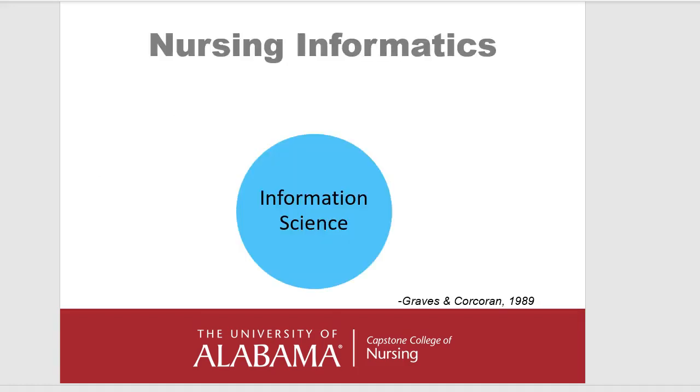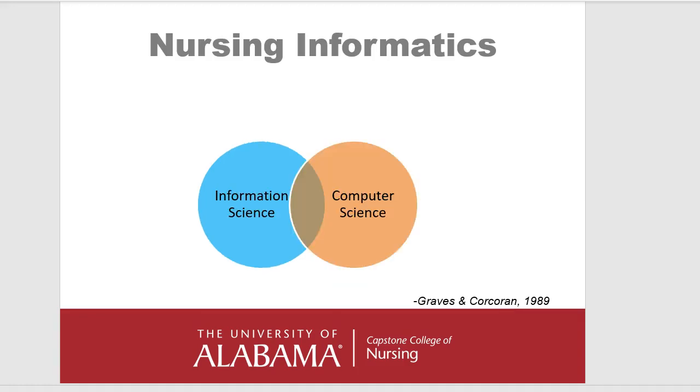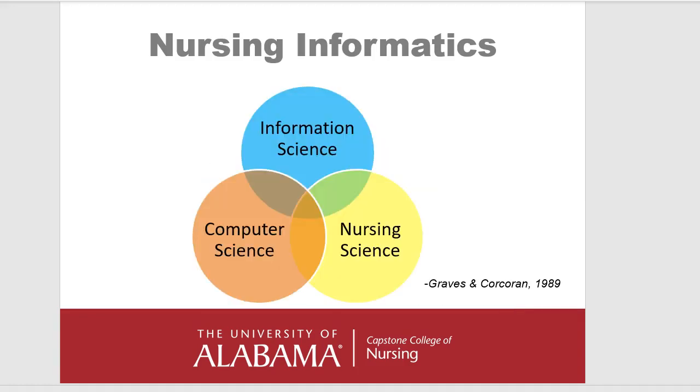So nursing informatics is really the convergence of different disciplines. For many years, we have described it as the convergence of information science, computer science, as well as nursing science. And you'll see more evidence of that as you complete your readings and the activities in this module.